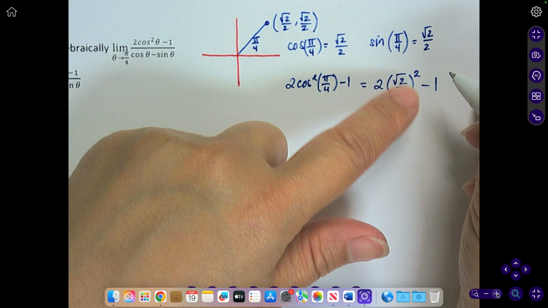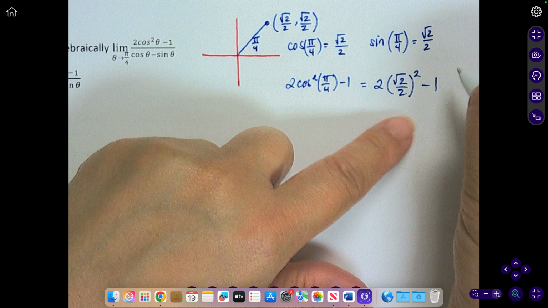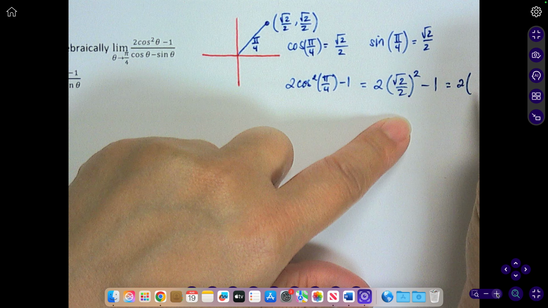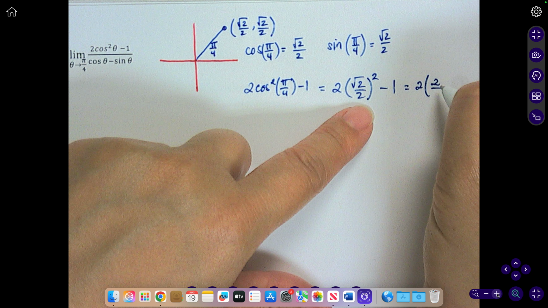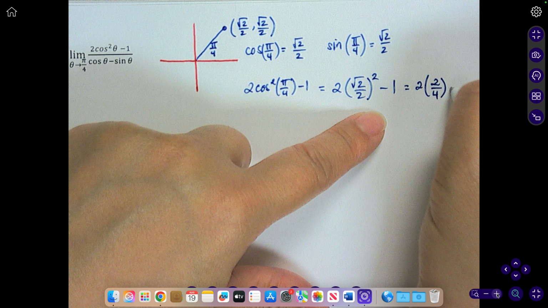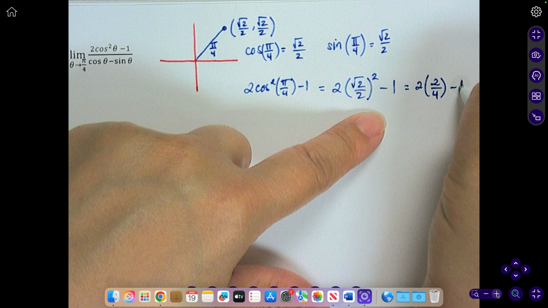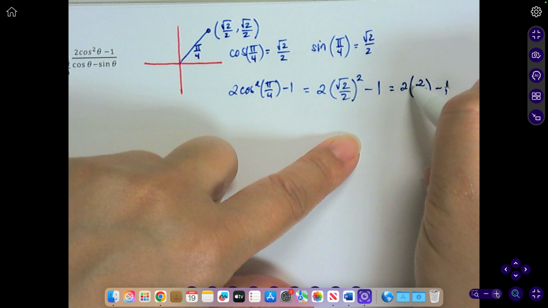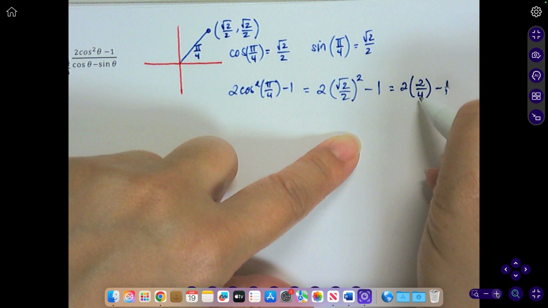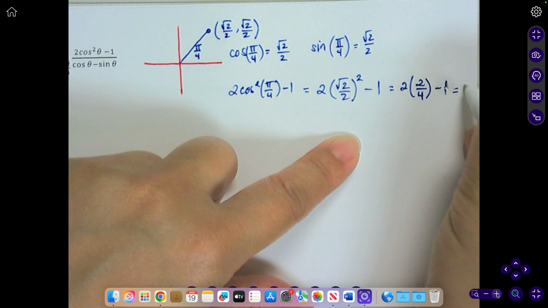You have to square first, by the way, yeah? So then I'm going to get the square root of 2 squared is 2, and then 2 squared is 4, minus 1. Well, that's going to be 4 over 4 minus 1, which makes 0.